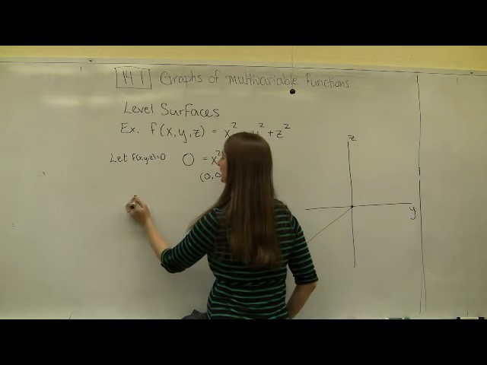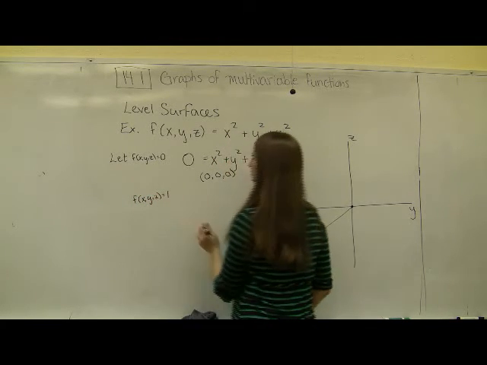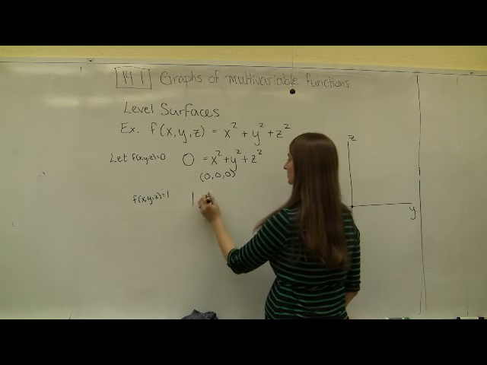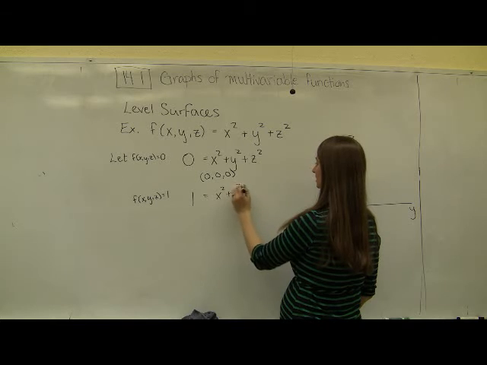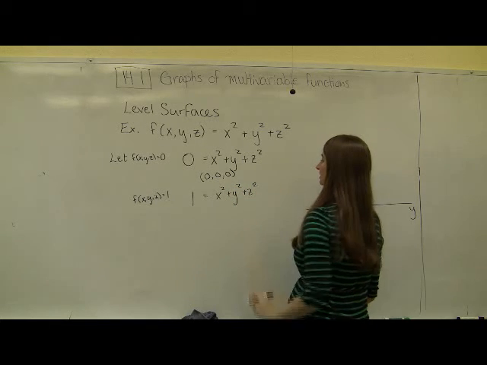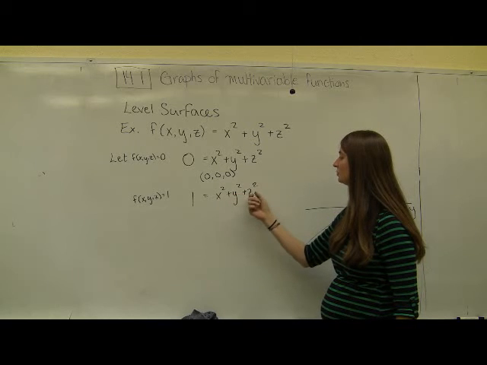Now what happens when I let f of x, y, z exactly equal to 1, for example? So in this case, 1 would be equal to x squared plus y squared plus z squared. So my inputs are going to be points in R3.